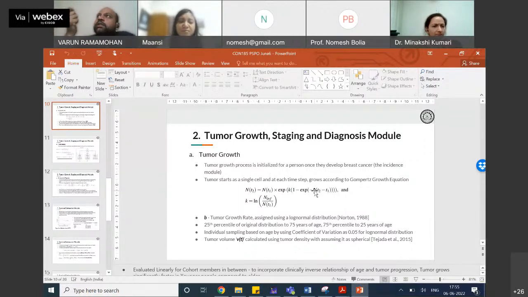In order to assign the stage of the disease, they had information regarding the size of the tumor among US patients at symptomatic diagnosis and at diagnosis using screening methods. So they knew that when it is detected, this is the size of the tumor.